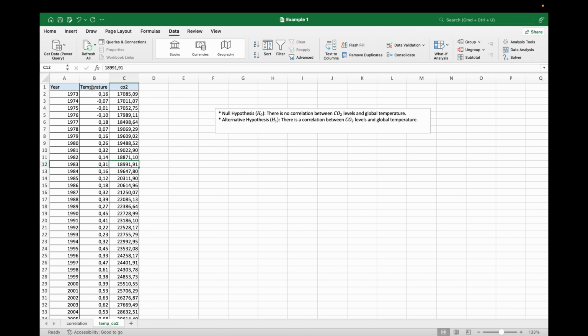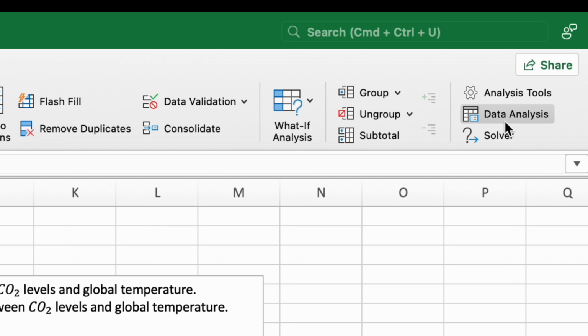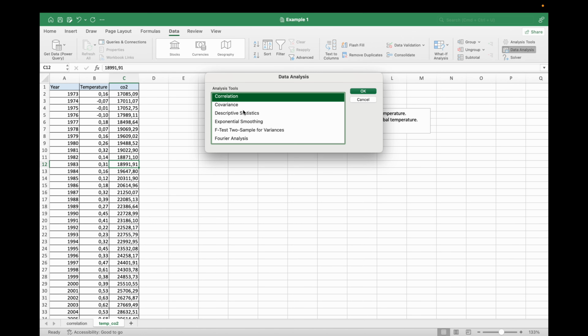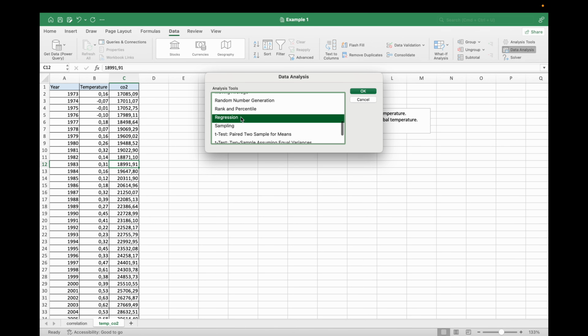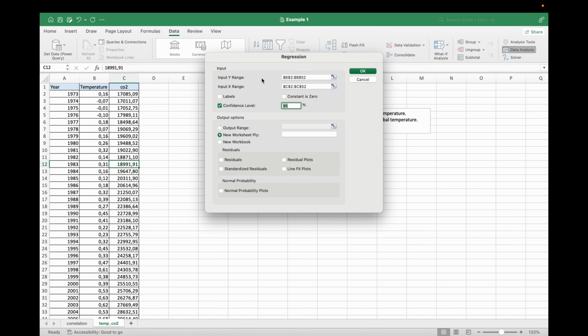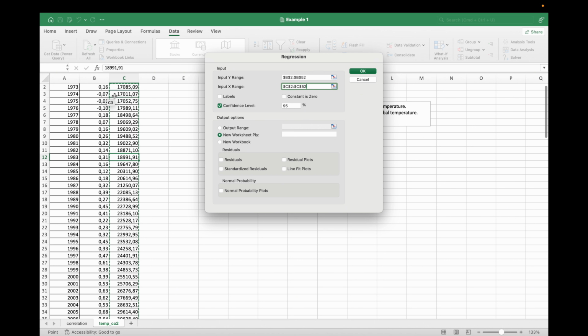And now I'm going to perform a regression analysis using the data analysis toolpak. Now we also click in the data analysis, choose the regression, click OK, and input the y range and input the x range and set the confidence level at 95%.